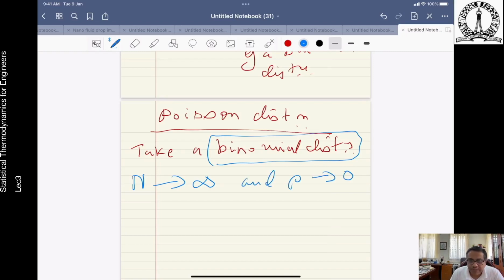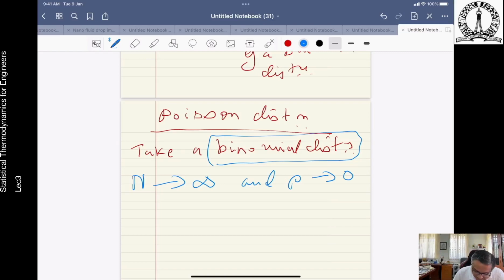That means the probability of m is very low in each trial. You can think of it as a very biased coin, in which the probability of getting a head is very low.